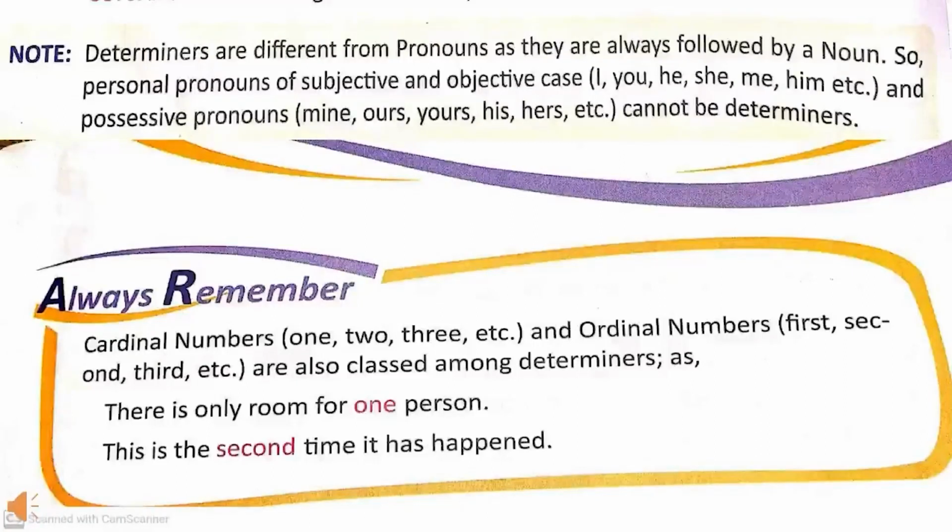Here one, a cardinal number, is used before the noun person and is used as a determiner. This is the second time it has happened. Here, the ordinal number second is also used as a determiner.